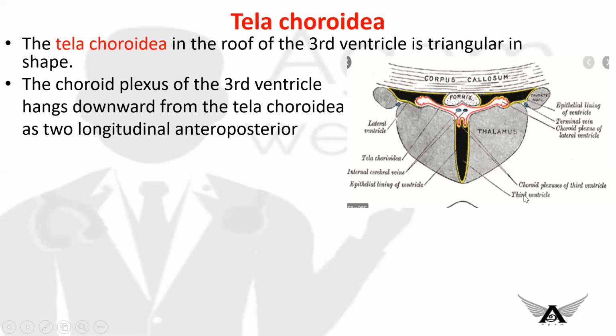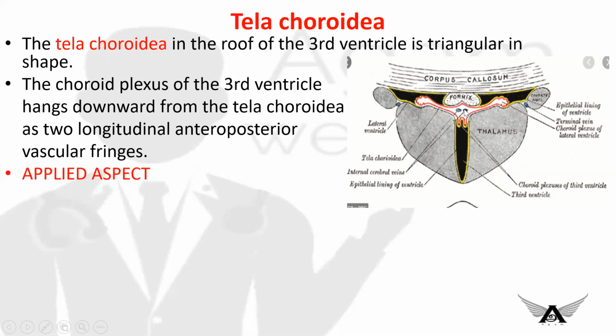Choroid plexus are usually spiral in shape. The choroid plexus of the third ventricle hangs downward from the Tela choroidea as two longitudinal anterior-posterior vascular fringes. See, you can see this, 1, 2. This area is called Tela choroidea.